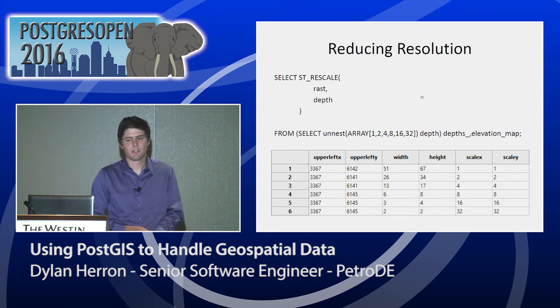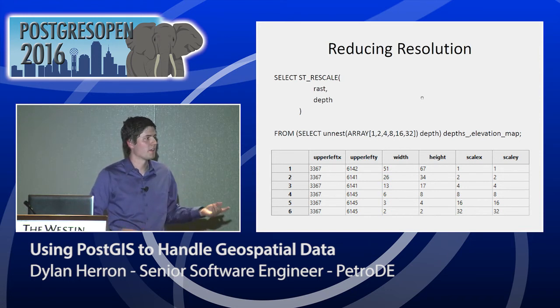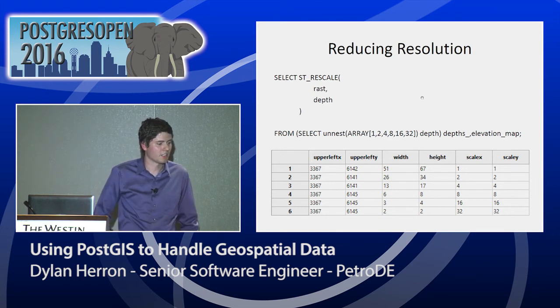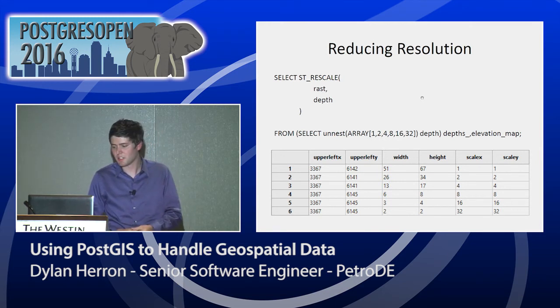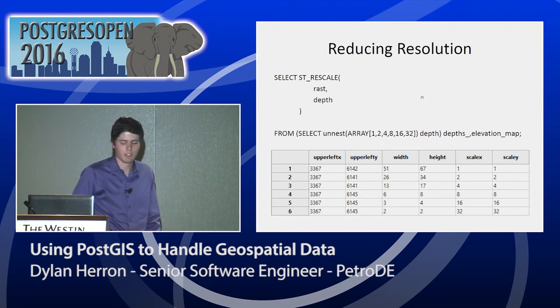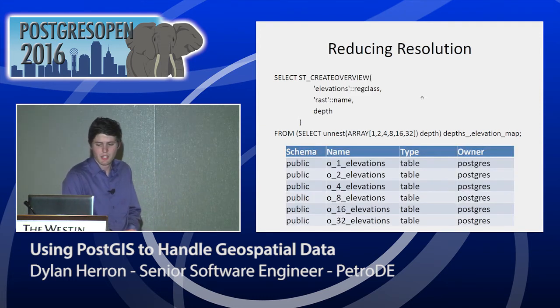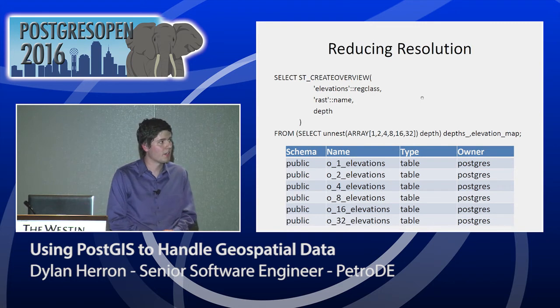Something to notice about this, though, is it's kind of tedious. If I wanted to take advantage of the pre-processing caches, I would want to store this into a table. And keeping track of those tables, which are kind of auxiliary tables in a way, could be tedious. Luckily, PostGIS did provide a function to manage that, and that function is ST_CreateOverview.